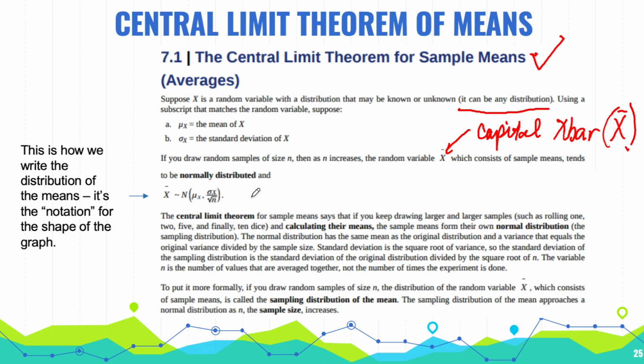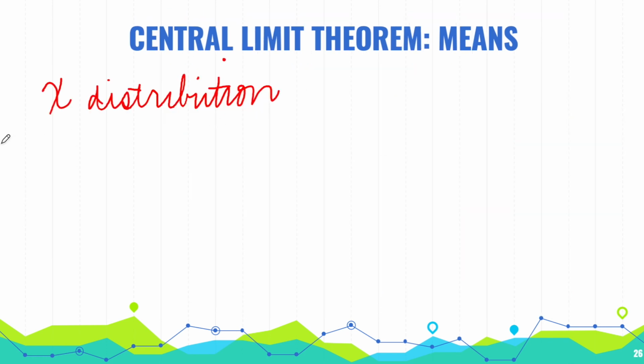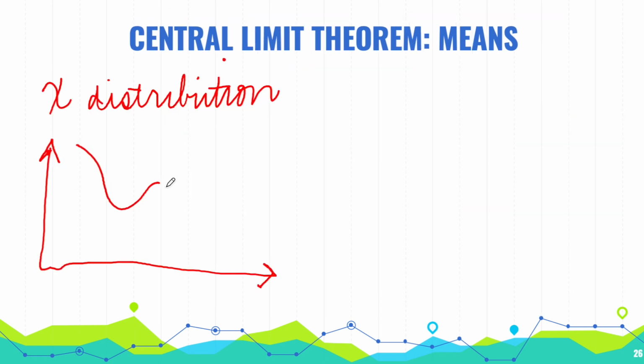And what does this exactly mean? It means that if you keep drawing larger and larger samples, and you calculate the means of those samples, the sample means form their own normal distribution, and you can calculate their mean and standard deviation as follows. So consider an X distribution, which can be shaped however you want.